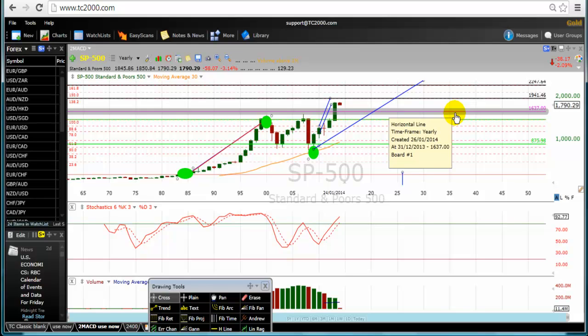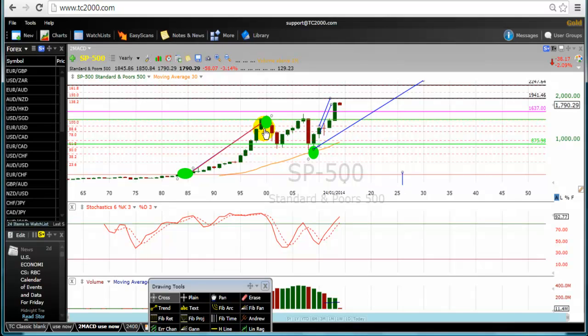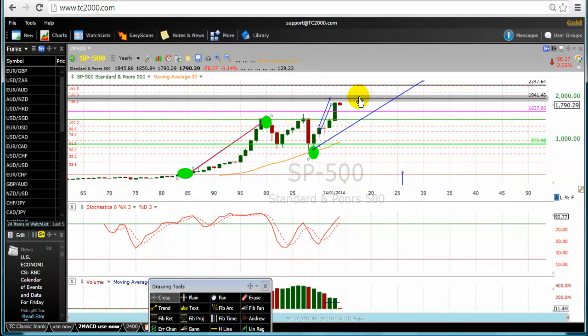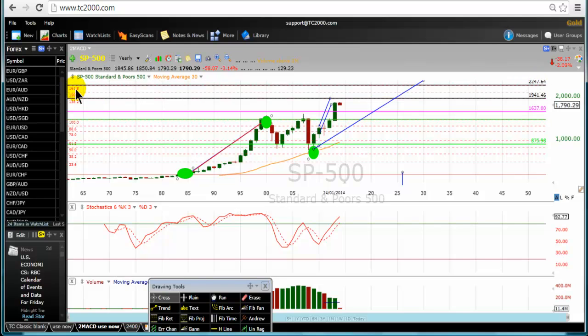If the 1637 fails to hold the S&P 500, the next key level is at 1450, which is the major resistance here.